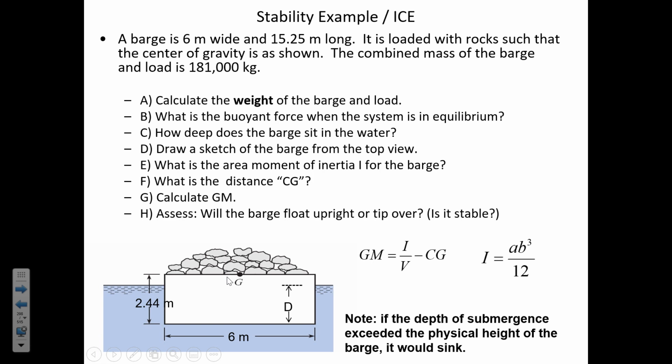So the center of mass is at G. I haven't yet told you where the center of buoyancy is. The center of buoyancy is just halfway down the submerged location. So this barge overall is 2.44 meters in height. And based on how much load it has, that is how you're going to calculate D.